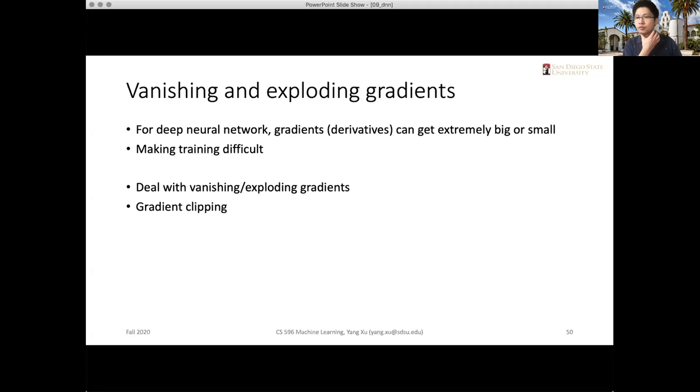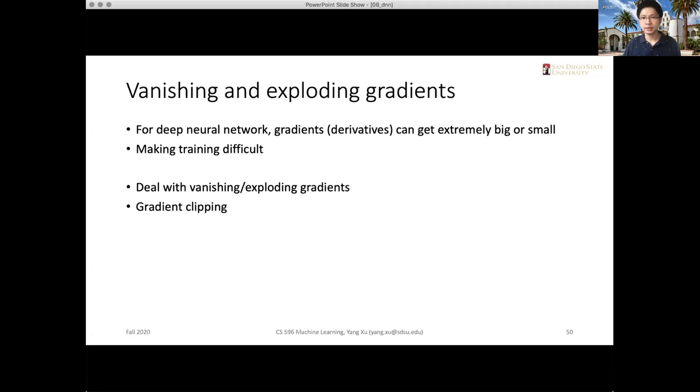Okay, so we can think about this issue. Because this is the quantity we use to update the parameters, right? It decides how big a step we take each time we go towards the minimum point of the cost function. And of course, this step is partially controlled by the learning rate.